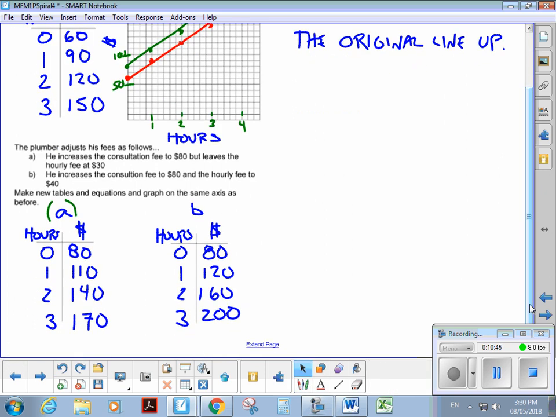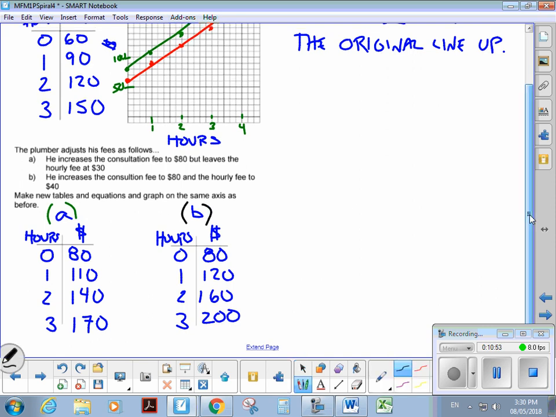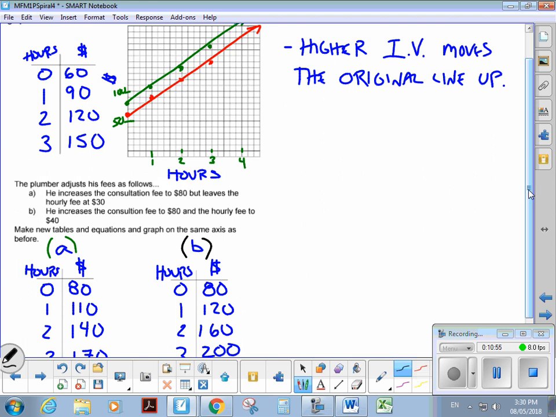What happens if in B, so I'll do B in black, we go with this system. So we've got 0, 80. It's going to start at the same as the green one. 1 and 120. 2 and 160. So boom, boom. And 3 and 200.